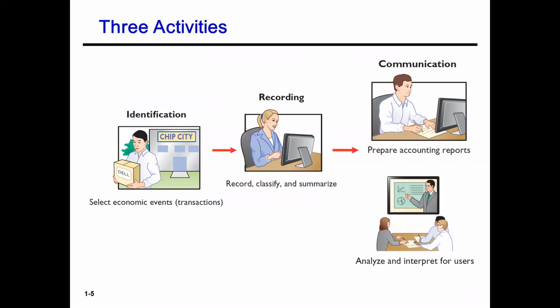For example, how did the sales do? How were the expenses? Did the company generate a profit or a loss? Did the company generate positive cash flow or negative cash flow, etc.? Okay, this information is useful to many different parties, both inside the company and outside the company.